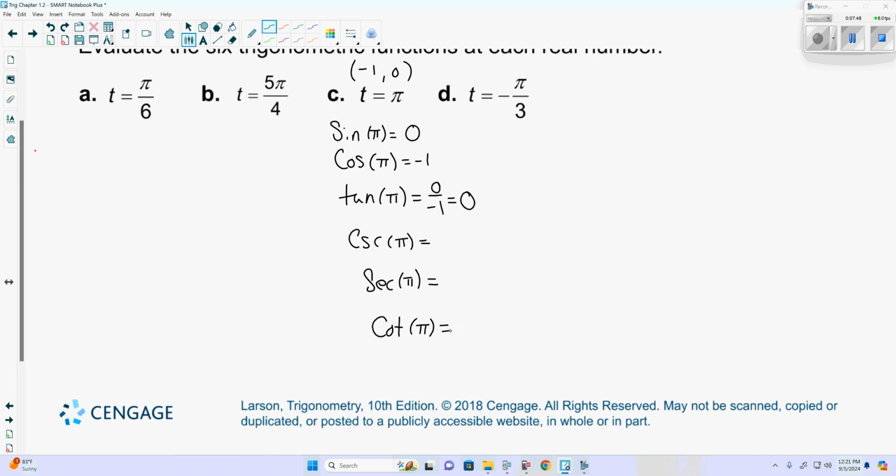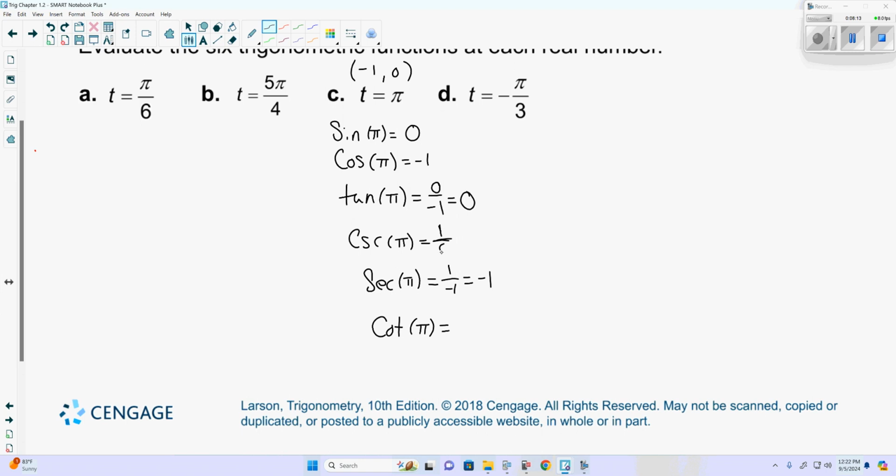We do have these 3 here. I'm going to look at secant first. Secant is 1 over x. So that would be 1 over negative 1, which is negative 1. And it is possible for these to come out to be the same answer. Now let's look at cosecant. Well, this is going to be 1 over our y value.